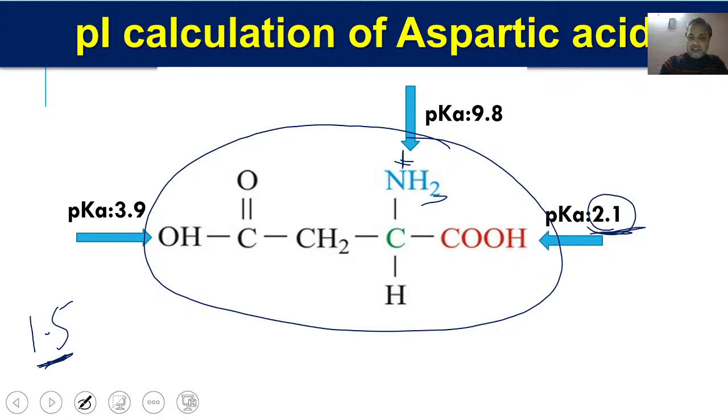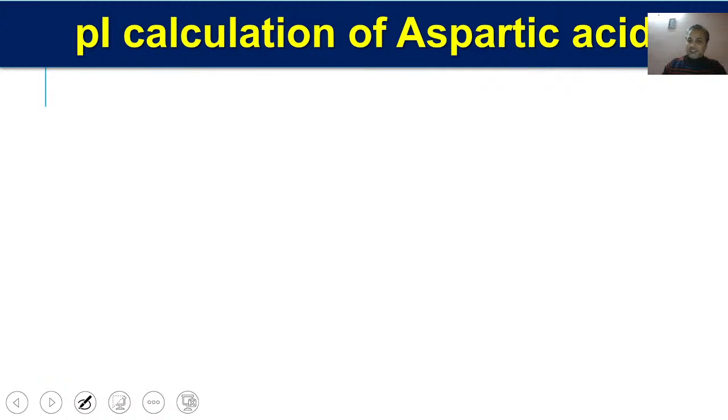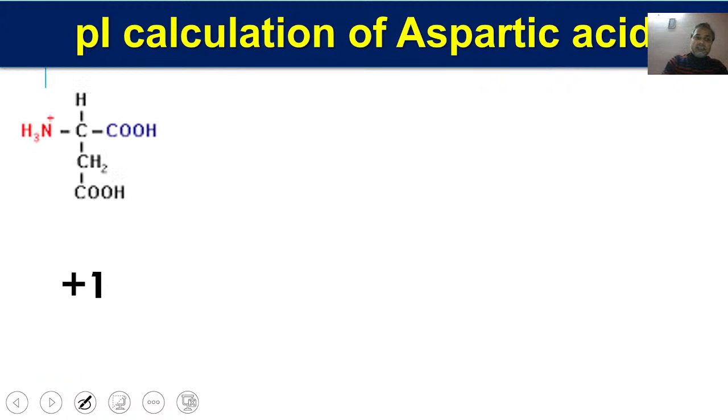In that case, this is having a proton, this is having a proton, and this can take an extra proton, so I have added one extra proton. At this particular pH, the amino acid exists in this structure, with the COOH and NH2 groups. At pH less than 2.1, like pH 1.5, it exists in this protonated structure.